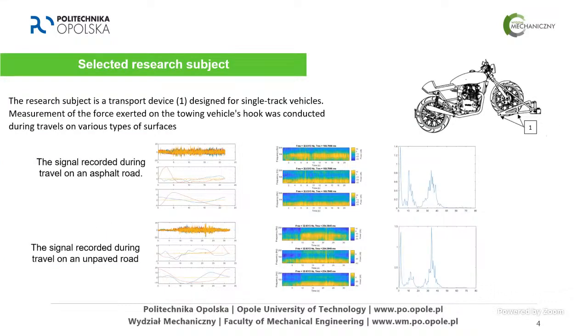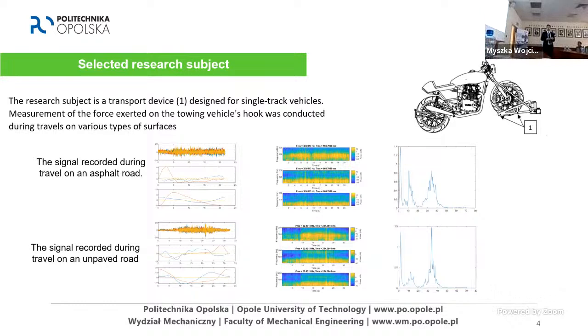Description of the subject. This is the transport device which we can mount on our car hook to transport motorcycles. This is the model, the transport device from the Science Technology Park, and we want to check how it works in real life and measure the acceleration on the hook.